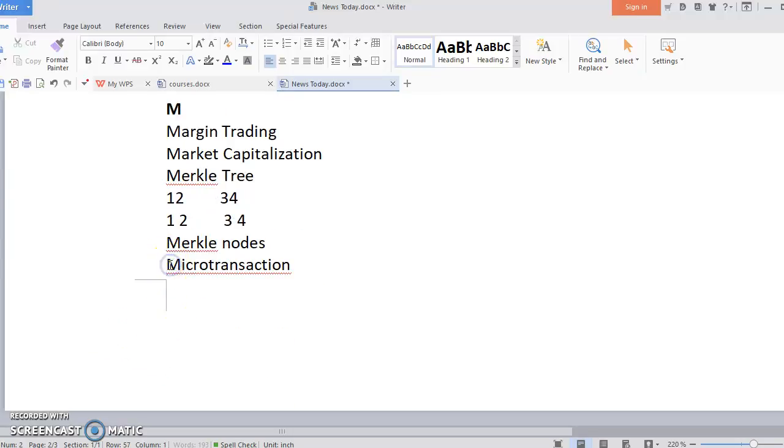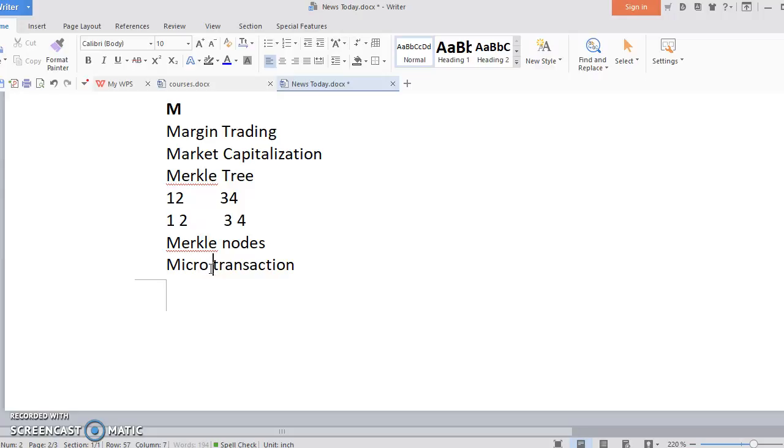And then you have micro transactions. So these are transactions at a very minute scale, like things you do with retail, like maybe you're using a certain cryptocurrency to buy things like coffee, or you walk into McDonald's and want to use it to buy $20 or $50 of food.